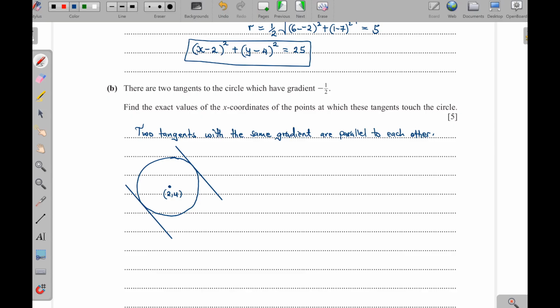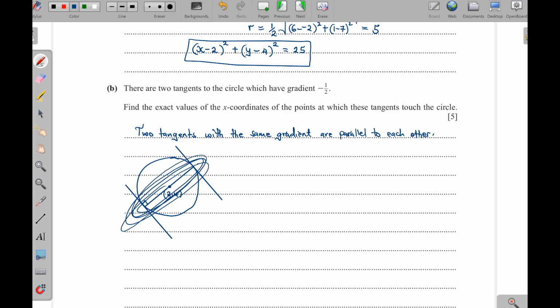They are parallel, but there has to be that line that passes through the center here. You know that any tangent is always perpendicular to the radius or the diameter. You see that? So now we need to find the equation of this line here.